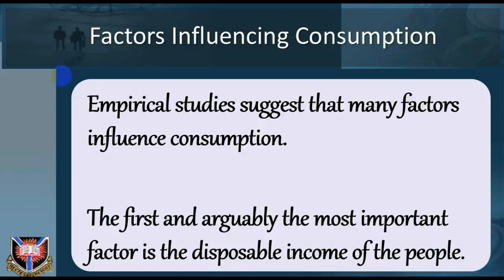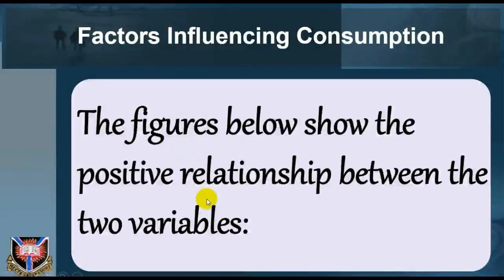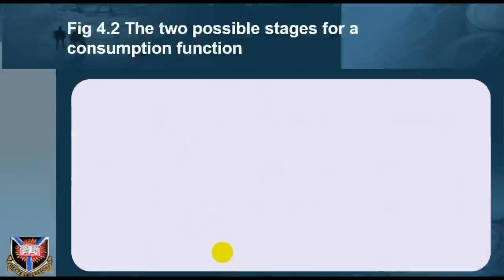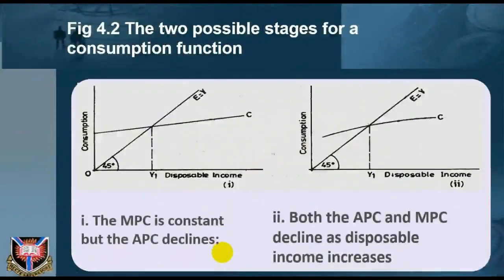Factors influencing consumption. Empirical studies suggest that many factors influence consumption. The first and arguably the most important factor is the disposable income of the people. The above relationship between consumption and disposable income assumes other factors affecting consumption are constant. Some other factors would however cause a shift in the consumption function. These factors are the following. 1.